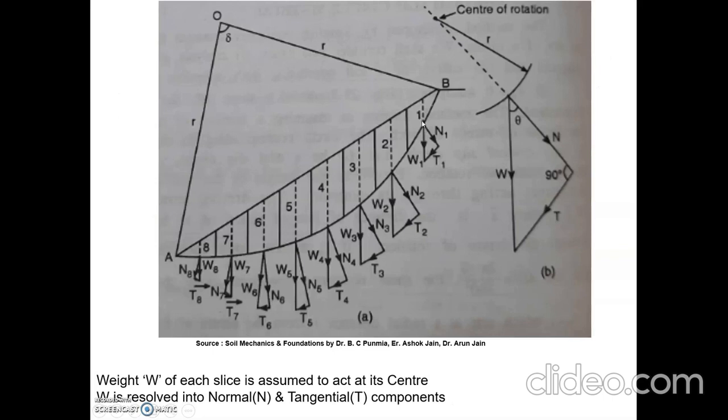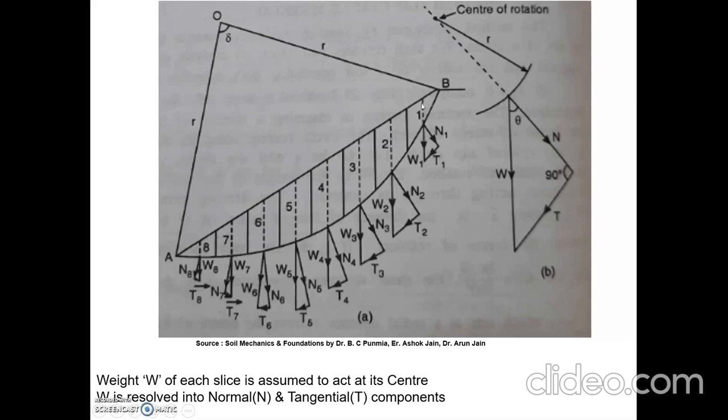And these will be acting on all the slices being made. So here we can see that there are 8 slices being done. Slice number 1, 2, 3, 4, 5, 6, 7 and 8. O is the center of rotation and OA equal to OB, which is equal to the radial distance R. So here we will consider slice number 1 and we will assume that the weight of each slice will be acting at the center of the slice.